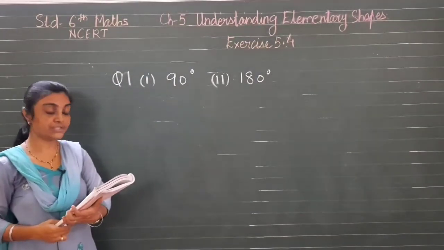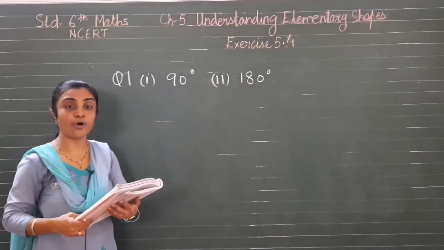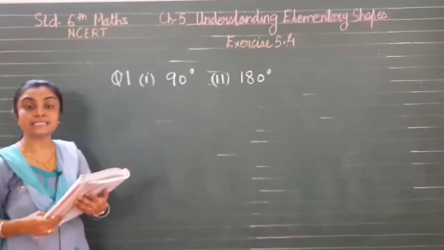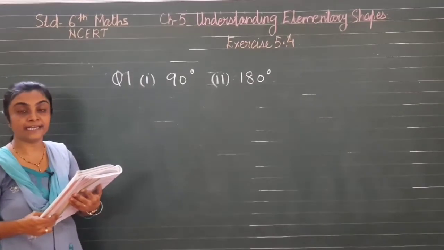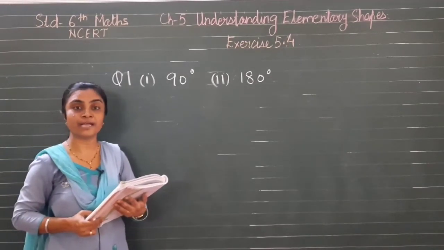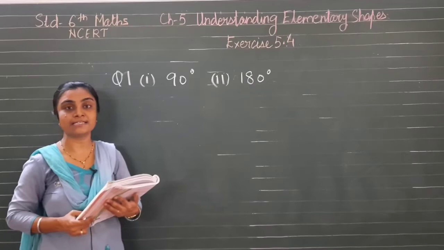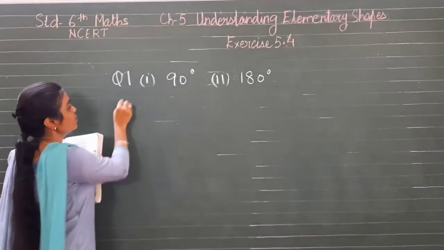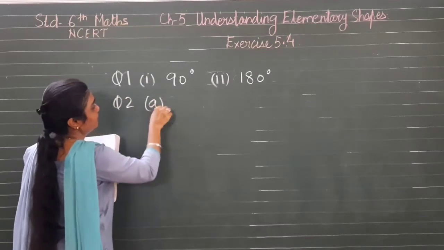Now let us see question 2. Say true or false. First one, the measure of an acute angle is less than 90 degree. According to the definition, an angle which is less than 90 degree is called an acute angle. So the answer for the first one will be true.